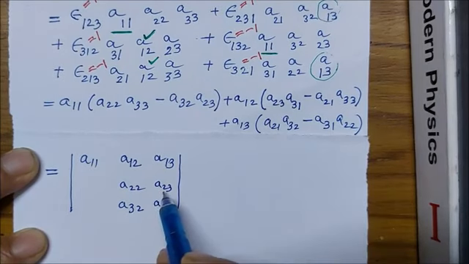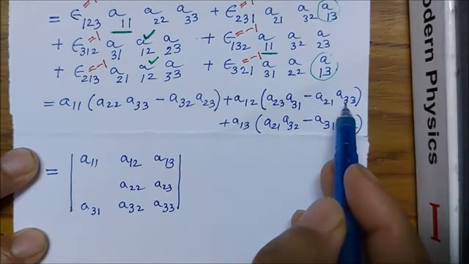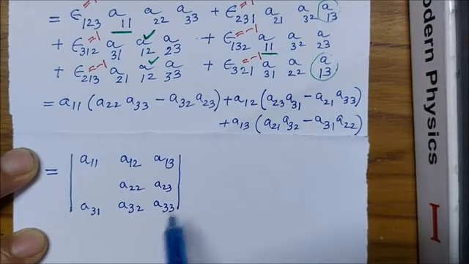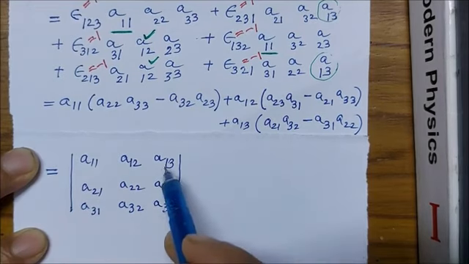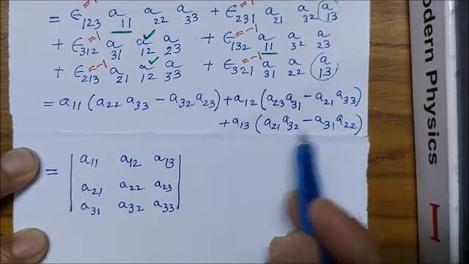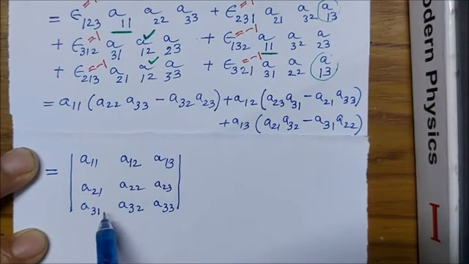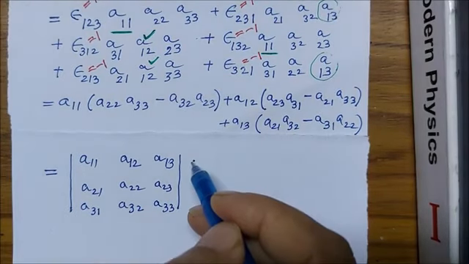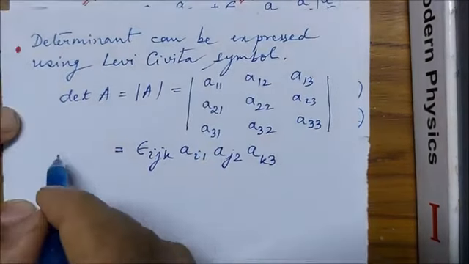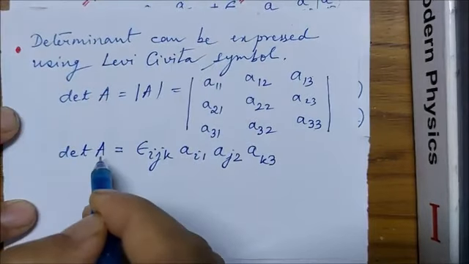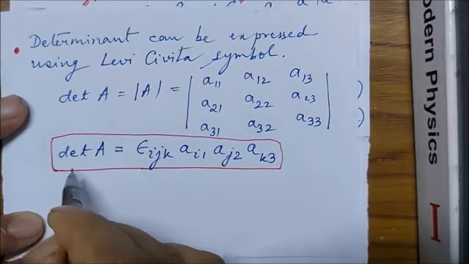A23 is already here, so A31 will be here, minus A21, A33. So A33 is here, A21 will be here, and then A13, that is to be multiplied with these cross terms arising from this multiplication, A21, A32 minus A31, A22, which means we have got back the original determinant that was written over here. So this is a very compact and short notation for determinant A.